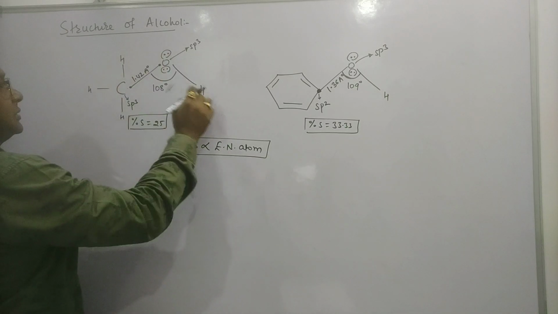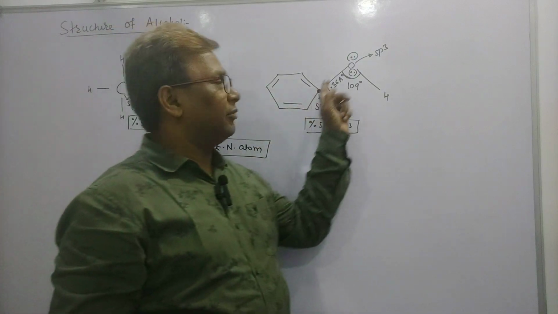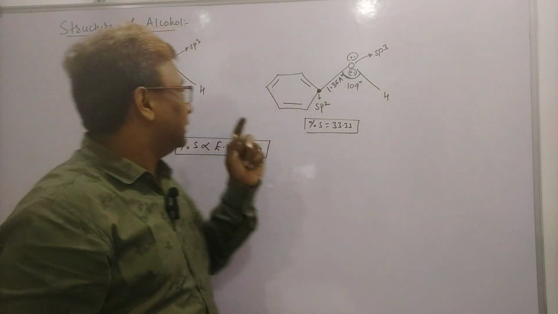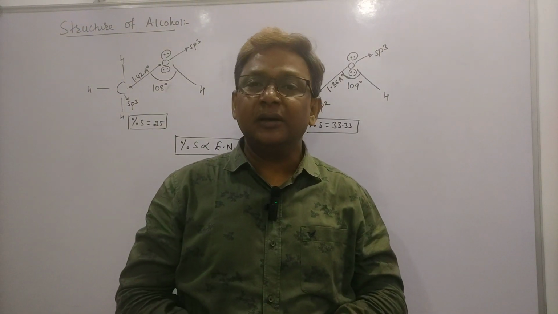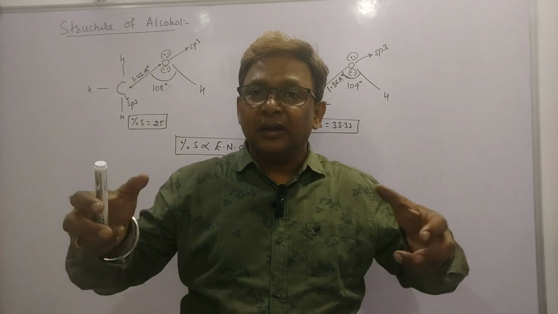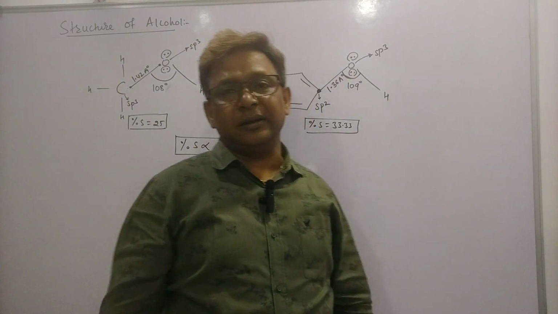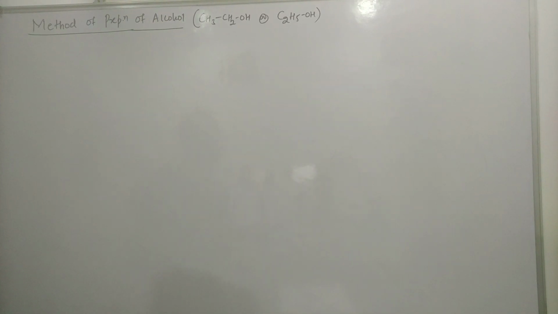So comparing the COH bond angle of methanol and phenol, phenol has the higher bond angle than the COH in methyl alcohol. The reason, beta: the surrounding atom is bulky, it has more repulsion, and due to more repulsion the bond angle increases. It is the structure of the alcohol.